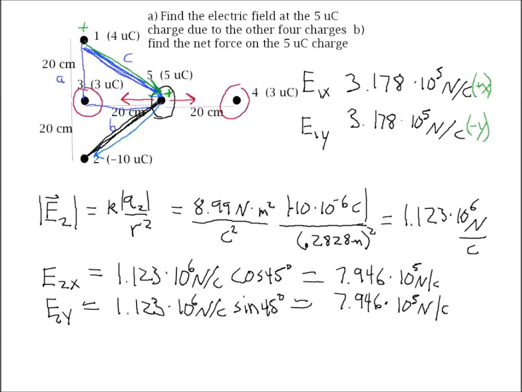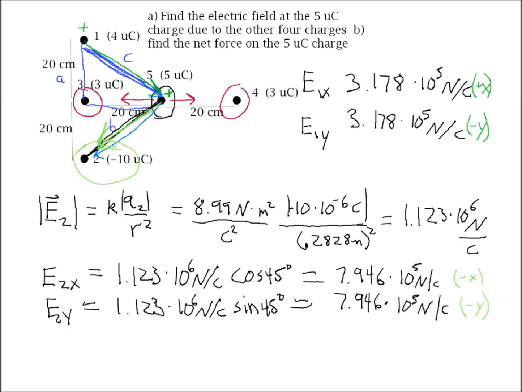I have a negative charge down here. It is a negative 10 microcoulombs. So what direction would the force be? If I had a positive charge up here where charge 5 is, it would be down and to the left along that line. Down and to the left means that I have a negative x component because it's to the left, and I also have a negative y component because it's down.